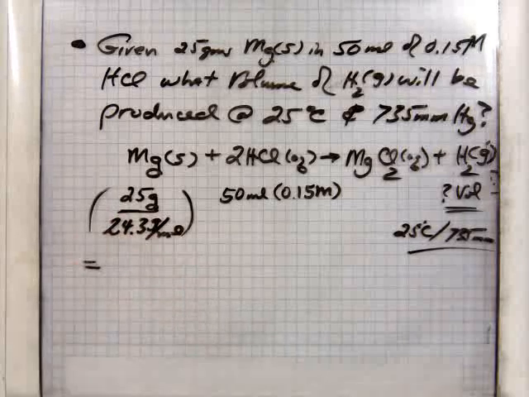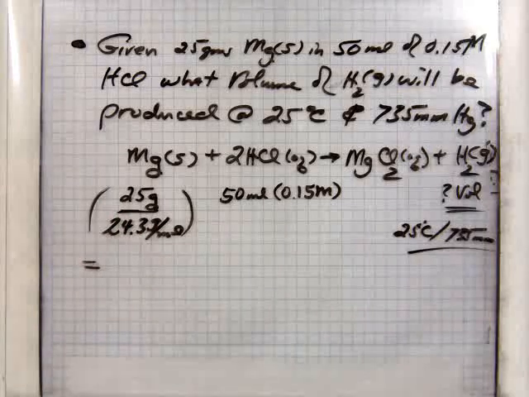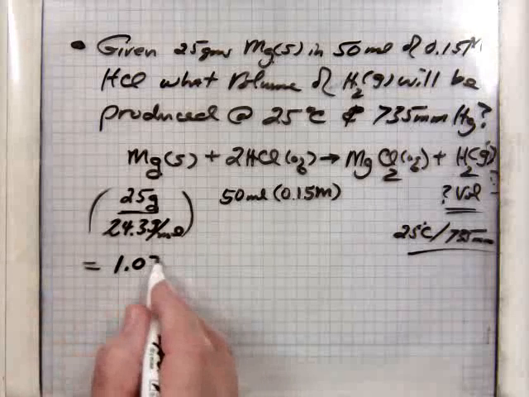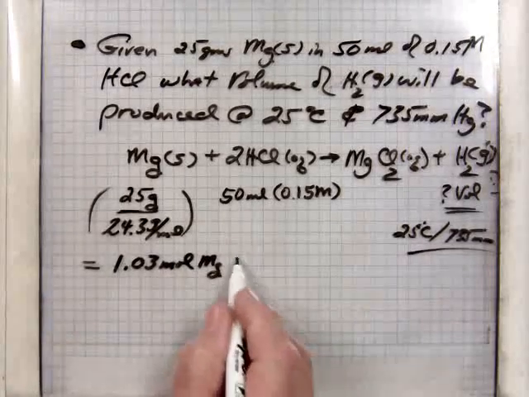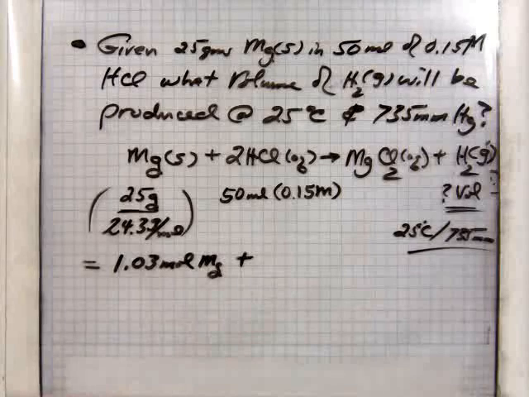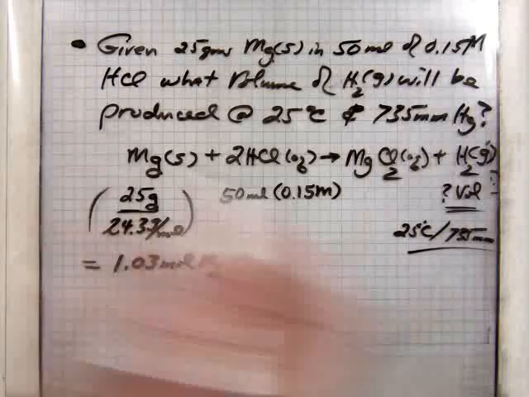So we get the moles of this one real quickly. And that gives us 1.03 magnesium. And so that's going to react with hydrochloric acid.